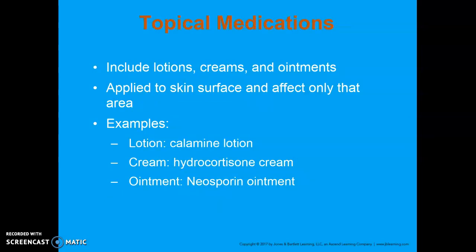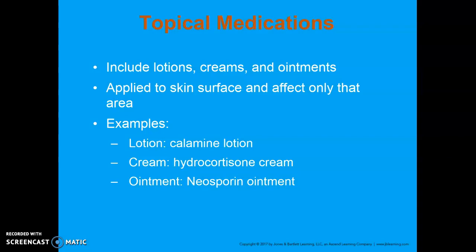Topical medications, these are lotions, creams, ointments. They're applied directly to the surface of the skin, and they affect only that area. So lotions contain mostly water. They're absorbed rapidly. Ointments contain less water. They're absorbed very slowly, and they tend to be thicker.